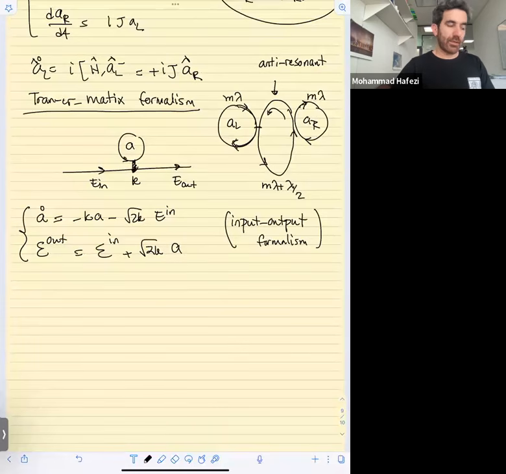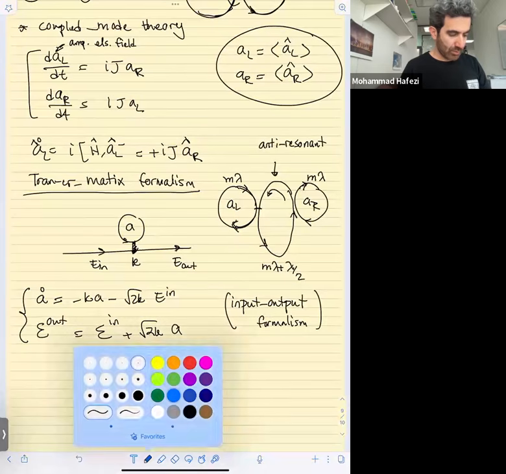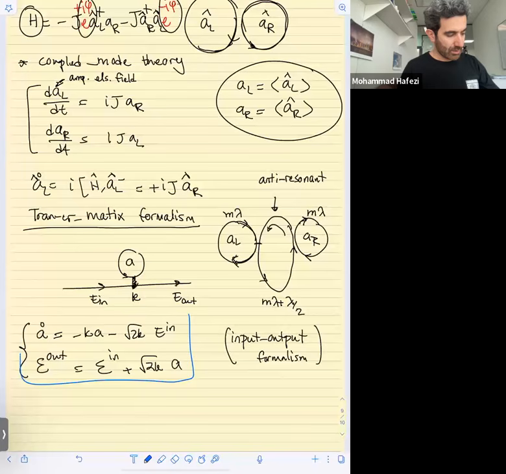Now, what I need to do is to use these equations a couple of times, once for the left resonator and once for the right resonator, and then assume that the light propagates freely in the middle waveguide over here, and also propagates freely in the middle guide over here.